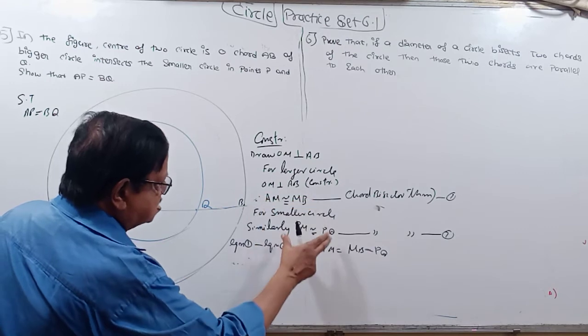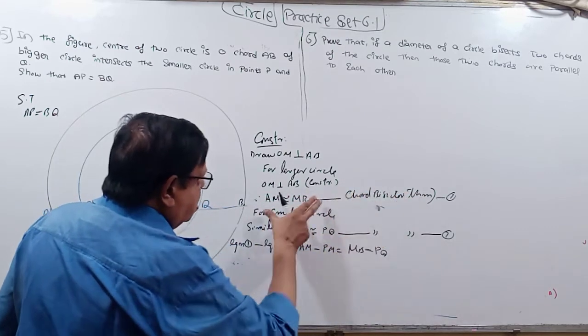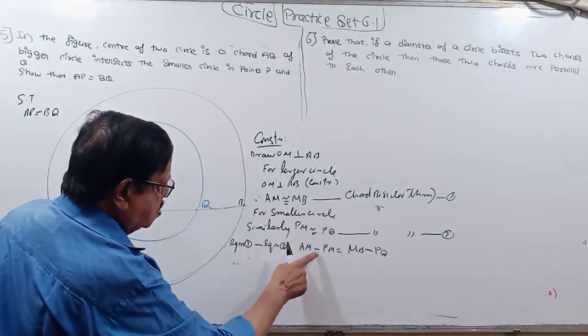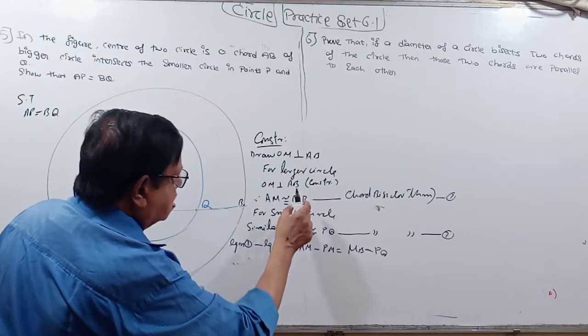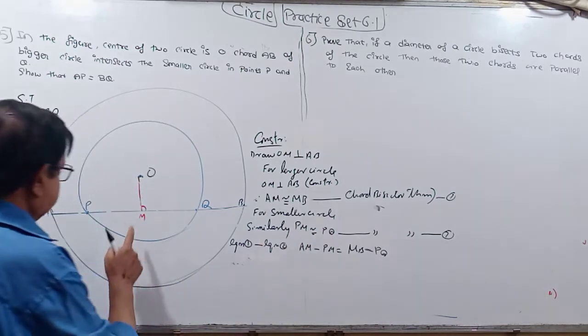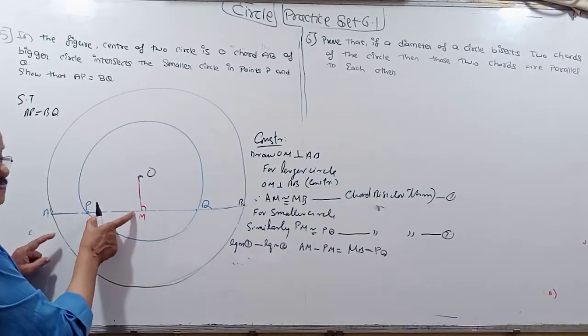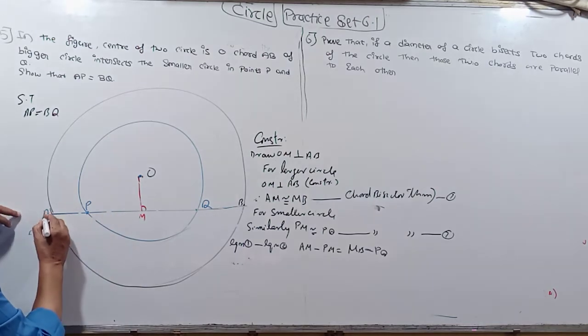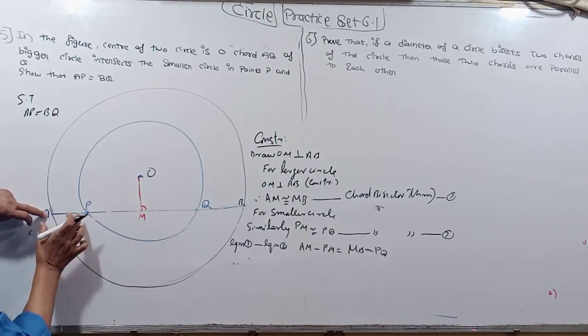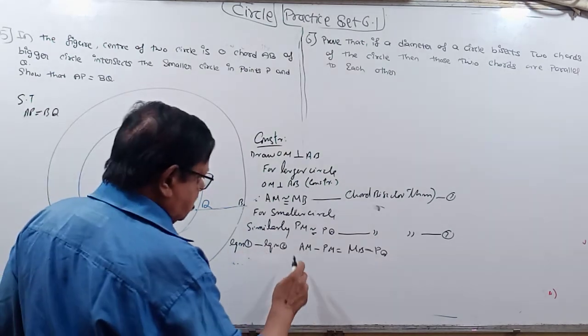This minus this. Equation 1 minus equation 2. AM minus PM equal to MB minus MQ. What is AM minus PM? देखो इधर AM इतना है, AM minus PM equal to AP.